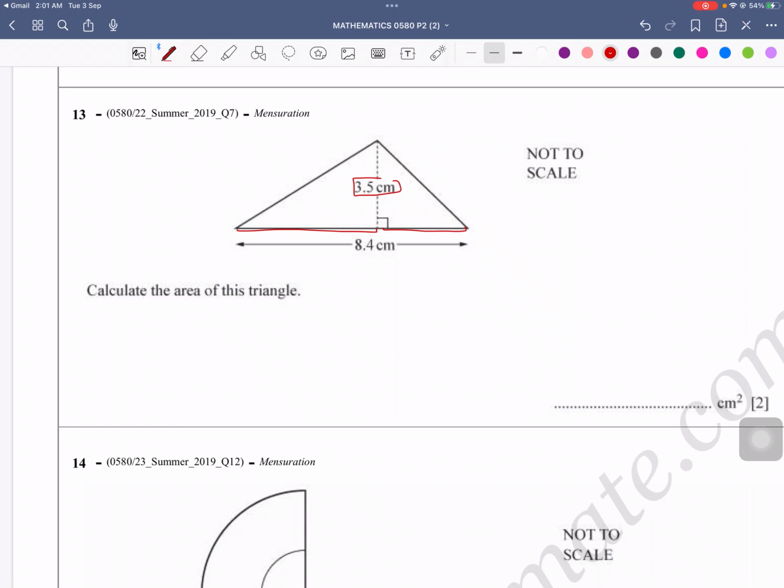So height is constant, so we would be finding the area twice, one for this base and one for this base. In order to make our time easy, we can simply take the total base, multiply it by the height and get our answer, right? So this comes equal to 14.7, right?